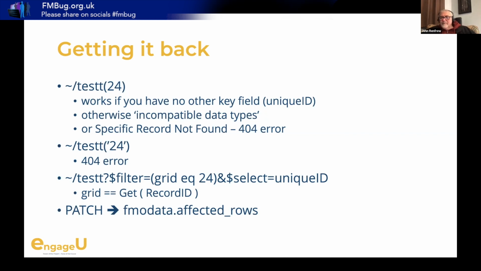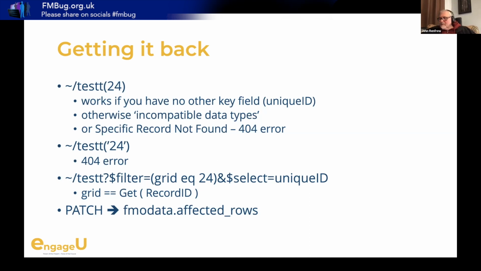So I went through a loop of, okay, maybe I need to wrap that in single quote marks because it's a piece of data. No, I also got a 404 error with that. It's to do with whether or not there is already a key field. But what you can do is a query. I have a field called grid, which I put in all my tables, which is an auto-enter calc for get record ID.